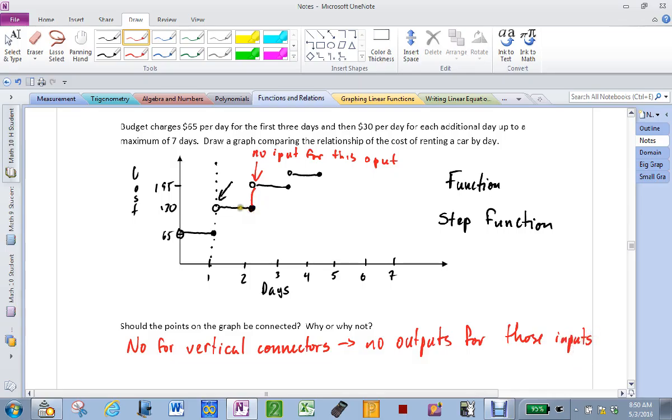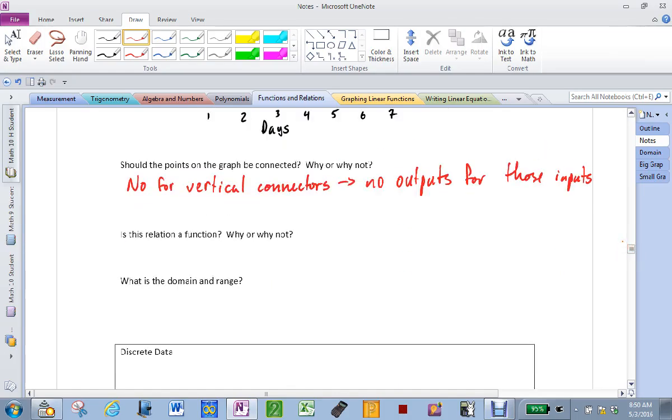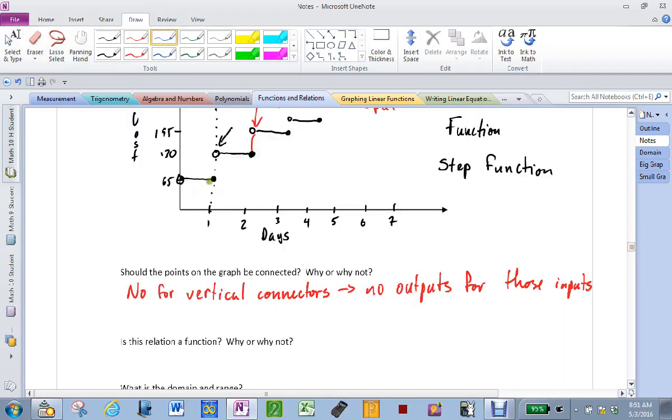The output for one day exists down here. It does not exist up here, so we cannot connect it. Everybody understand? Okay. Now, what about the horizontal? Are these lines necessary?